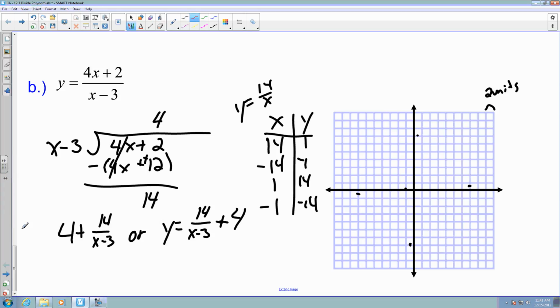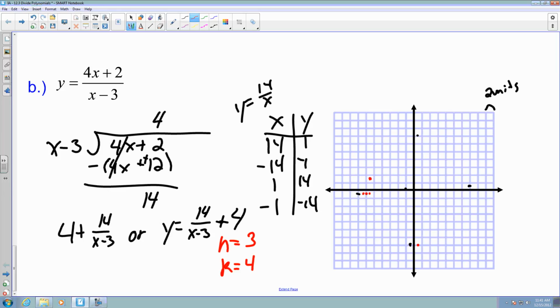But we have our h here equals 3 and our k here equals 4. So that means that we're going to move it to the right 3 and up 4. So if these are 2 units, that means it's 1, 2, 3, and then up 4. So that's right there.